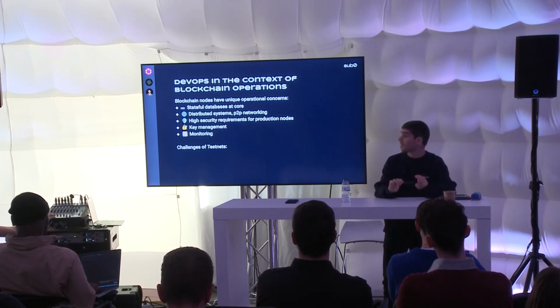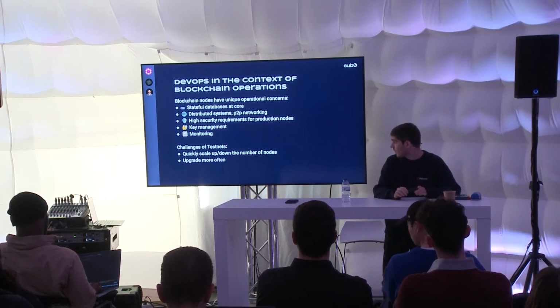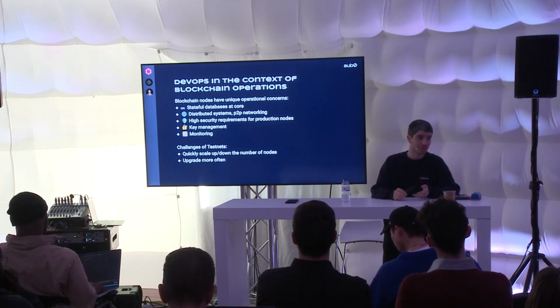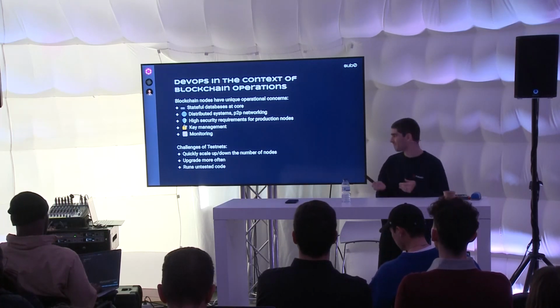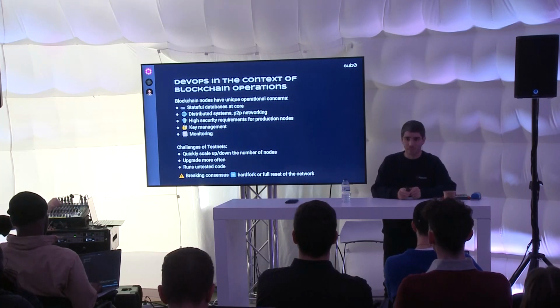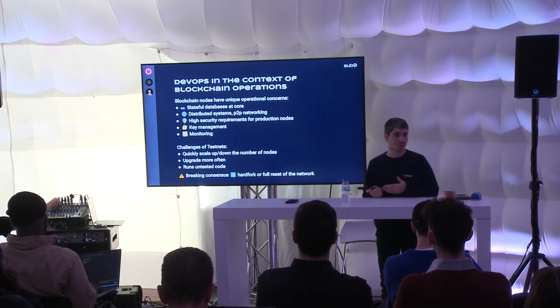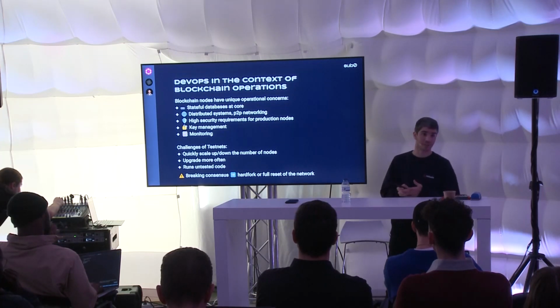Then, in the context of testnets specifically, you will want to scale up and down the number of nodes or validators, and upgrade them super often. As you upgrade them super often, it will obviously break more often. And what's important to know in blockchain networks is that if you ever break consensus, you basically have no choice but to fork out or reset the chain.